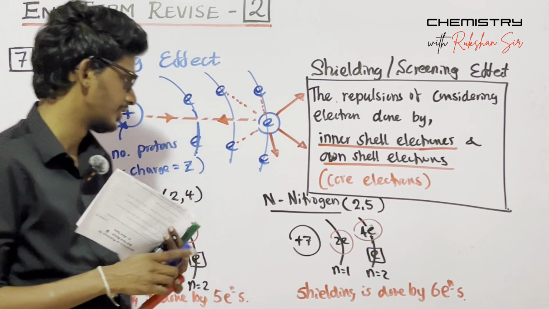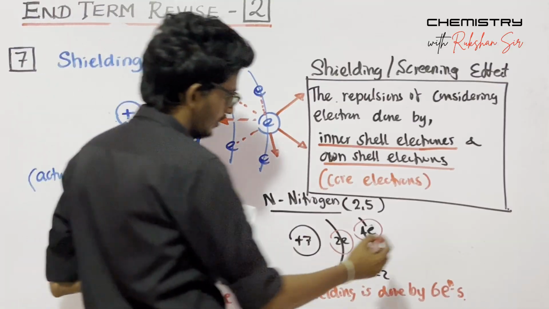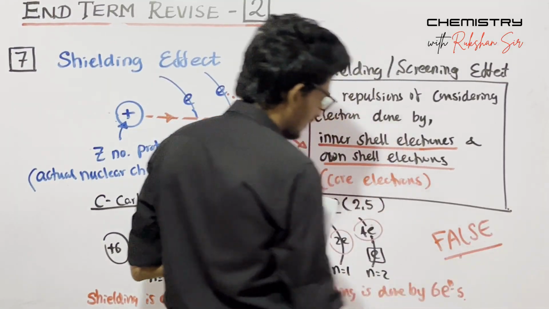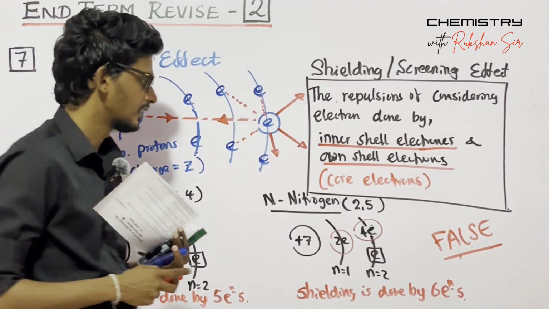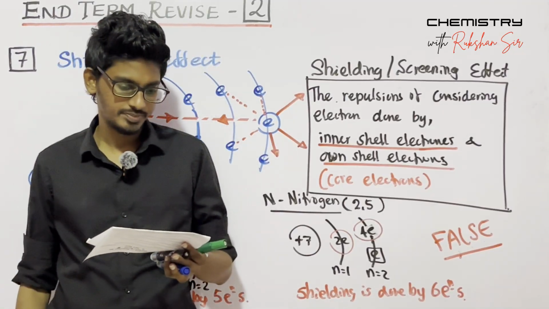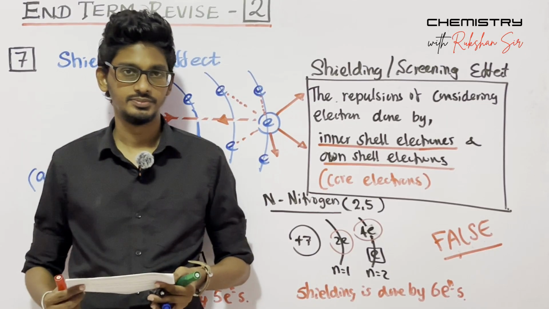That statement is false. The shielding effect of nitrogen is greater than that of carbon. That is the correct idea. That is the review for question number 7.